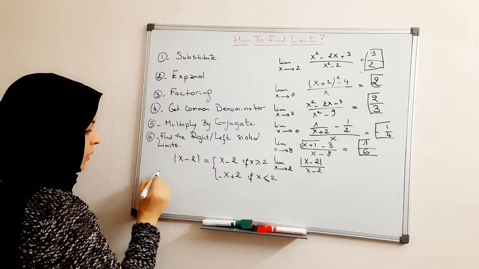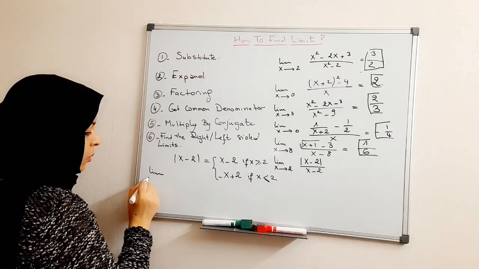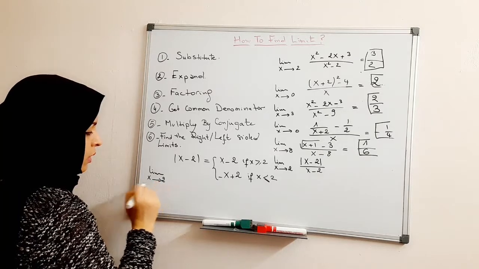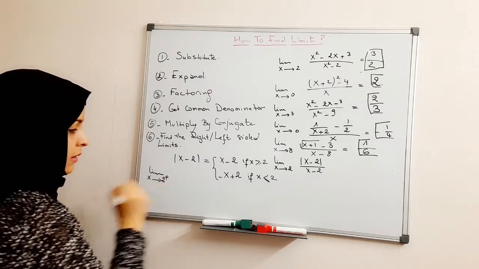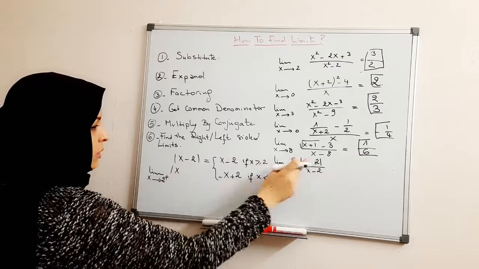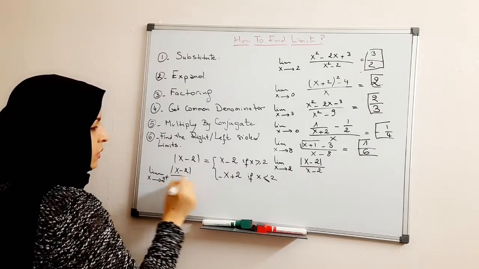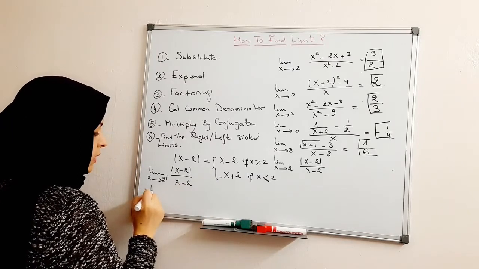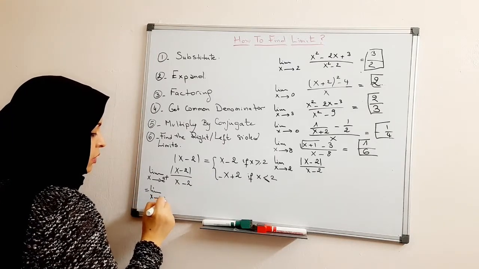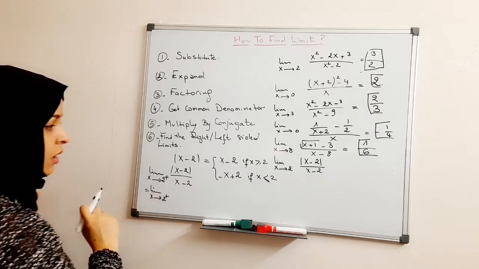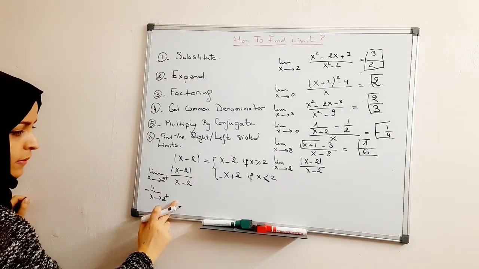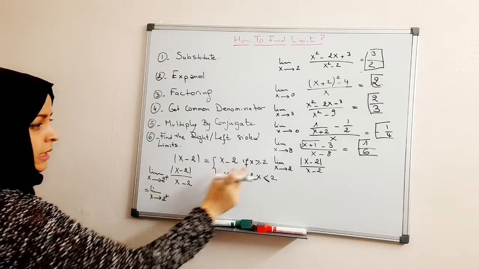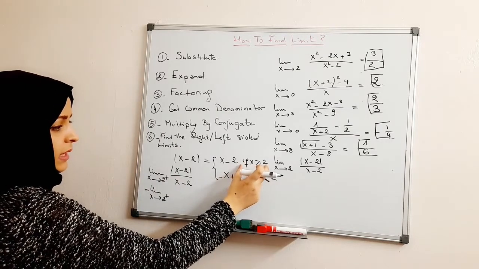Okay, so the limit when x approaches 2 from the right of the absolute value of x minus 2 over x minus 2 is equal to the limit when x approaches 2 from the right of, we have this case, right?